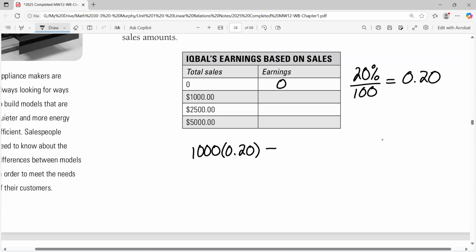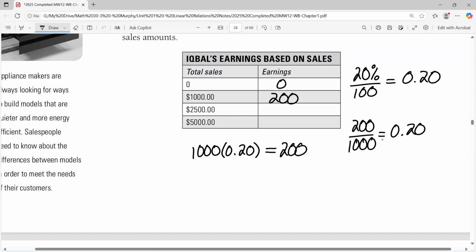So 1,000 times 0.2 is $200. So that's how much you would earn as a salesperson. Just to see where the 20% comes from, if you went 200 divided by 1,000, you're going to get 0.2.